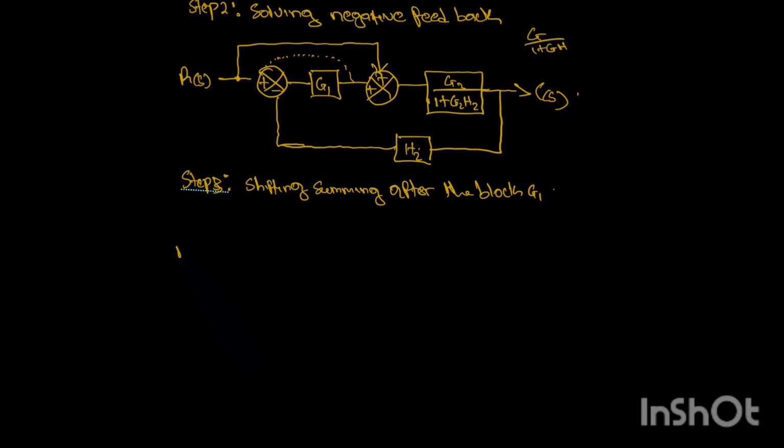We have a row of X. So we'll put our G1 over here. This is our G1. Then we put plus minus. Then plus plus.